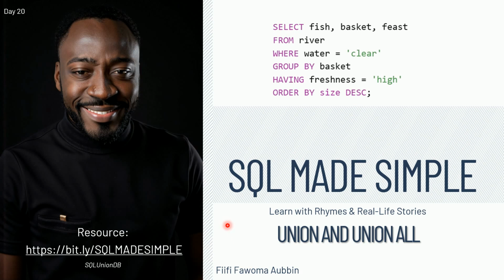By the end of this lesson, you will clearly understand what union does, what union all does, the key difference between them, and how to use them in real world queries.